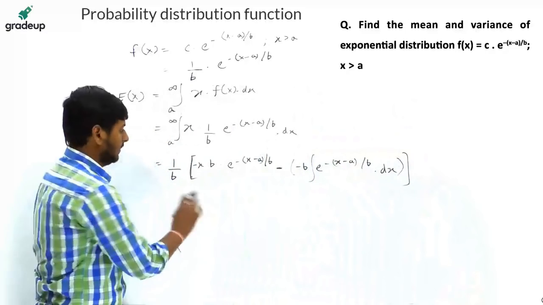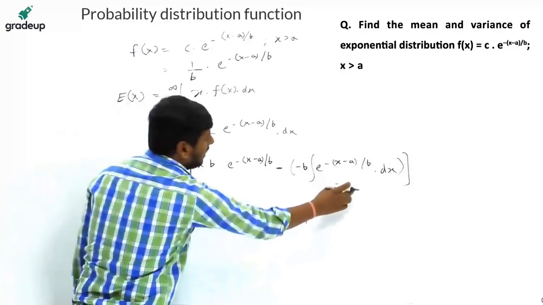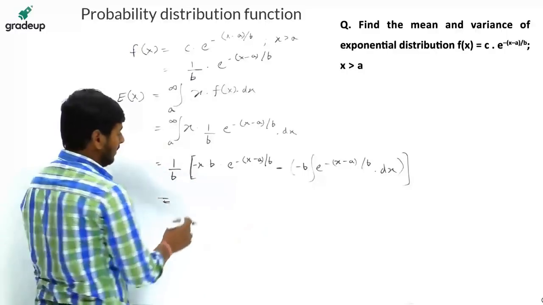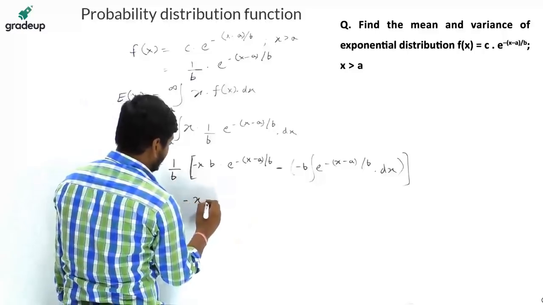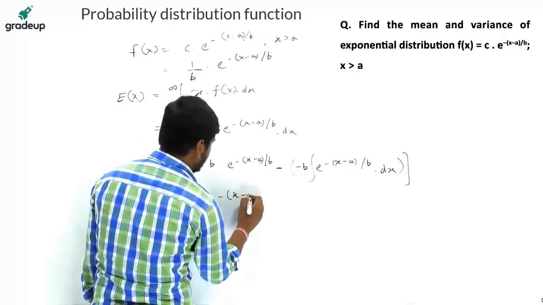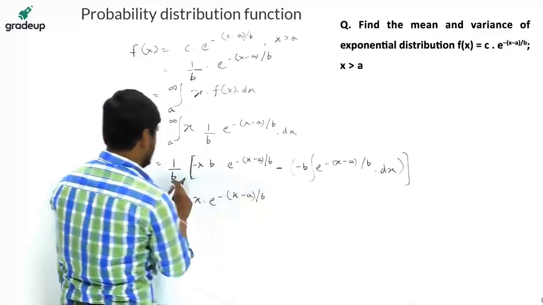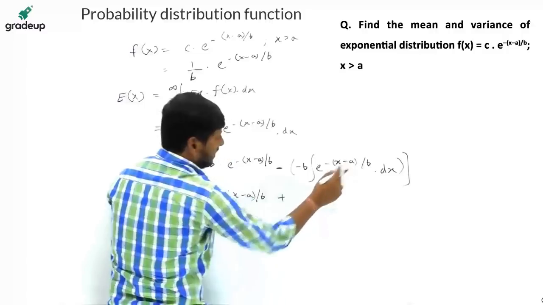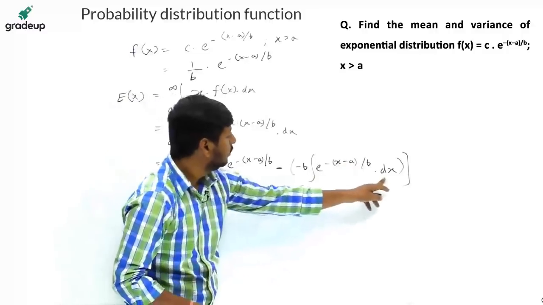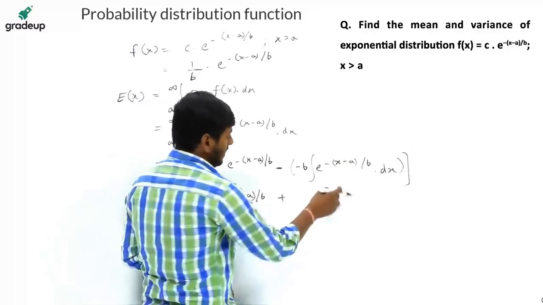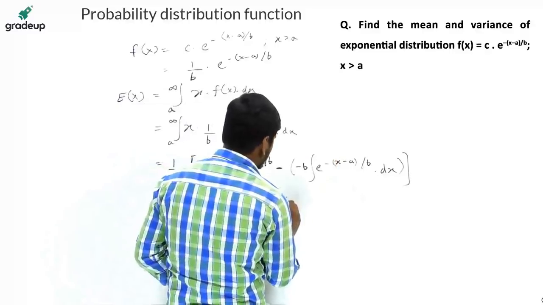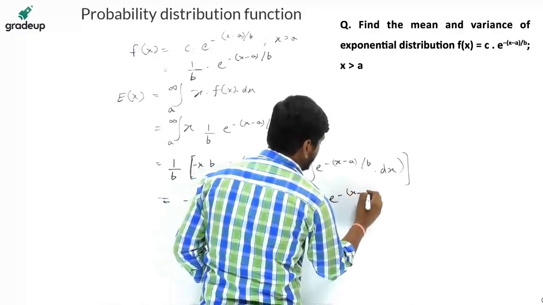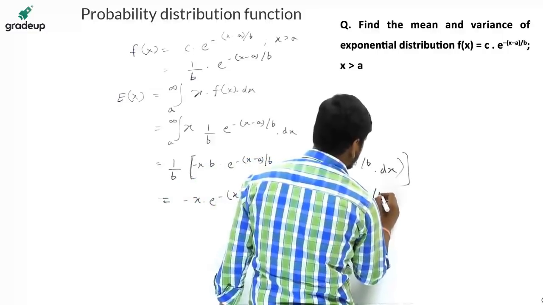This is what we get. Now again integrating this part, we get minus x into e to the power minus (x minus a) divided by b, plus integration of e to the power minus (x minus a) divided by b, b will come in the numerator, then we get minus b into e to the power minus (x minus a) divided by b.